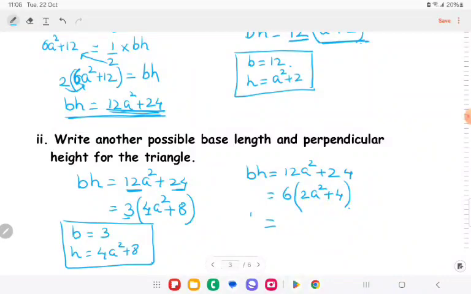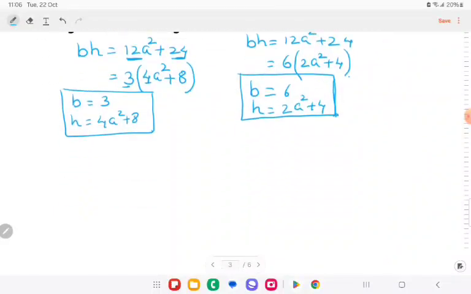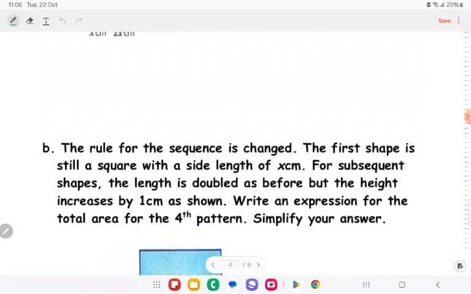So, base could be 6 and height could be 2a square plus 4. So, here you go. You can have multiple answers for these questions. Come on, let's check the next sum.